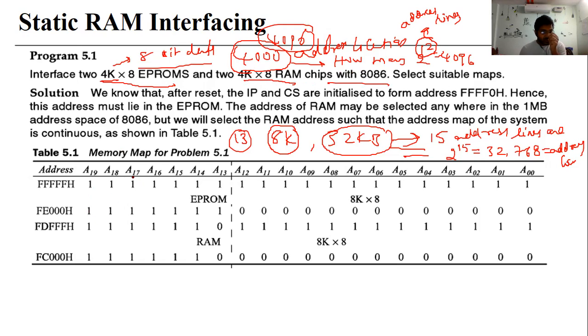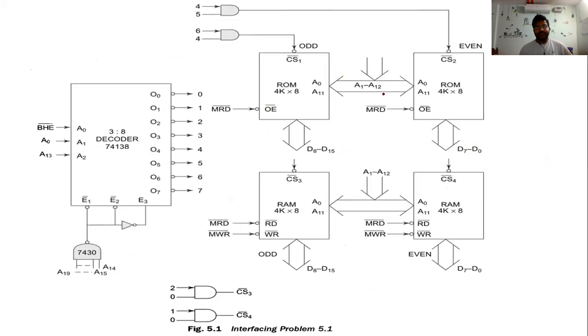For connecting the 4 KB memory, you can see this structure, 1 to 12. They are using 12 address lines.